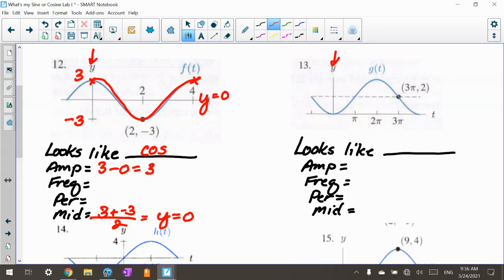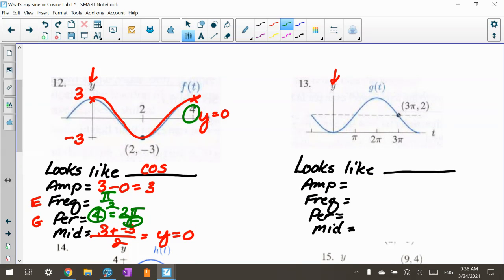Now, because this is a graph, your frequency is in your equation, your period's on your graph. So we're going to look at the period. If this is (2, -3), and it ends here at 4, 4 is my period, and it equals 2 pi over my frequency. If you cross multiply, these two change places, your 4 and your frequency, so it comes out to be 2 pi over 4, or pi over 2. That's my frequency. Now I've got this in order.